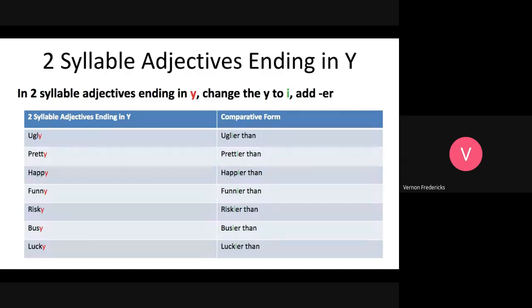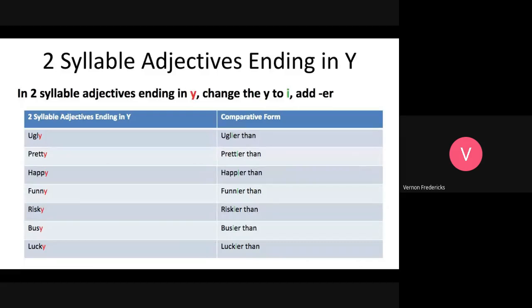Muhammad is happier than his brother. Okay, funny, funnier than. I delete the Y in the comparative form and I add IER. My brother is funnier than my sister.